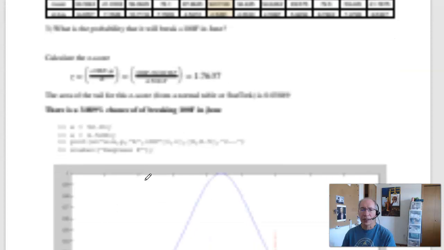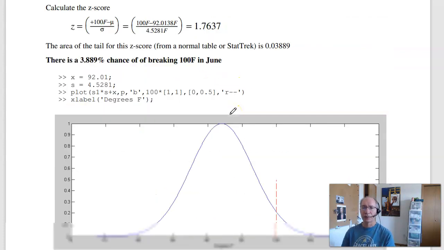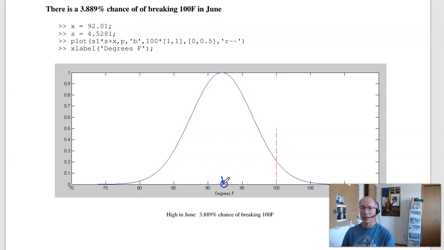Problem 3. If I look at June, here's the average high and the standard deviation. What's the chance it'll break 100? So again, what you do is here's the mean, here's 100. How far is 100 from the mean in terms of standard deviations? And then I can find out this area right here.